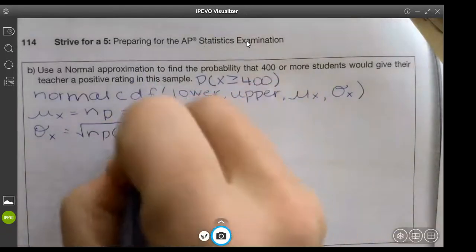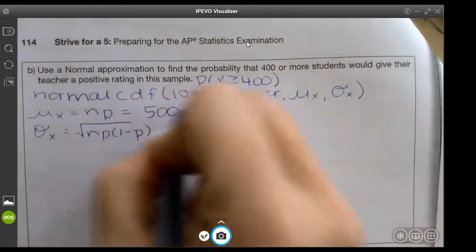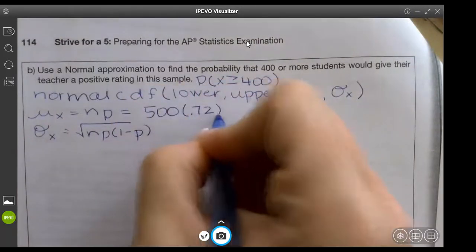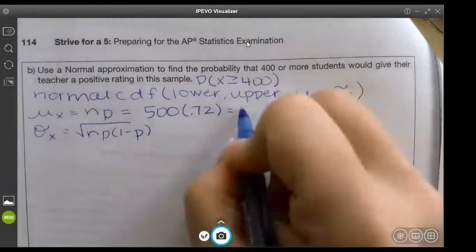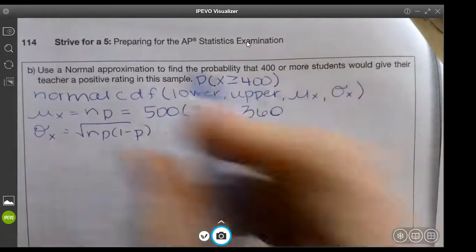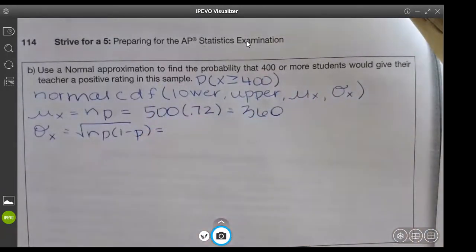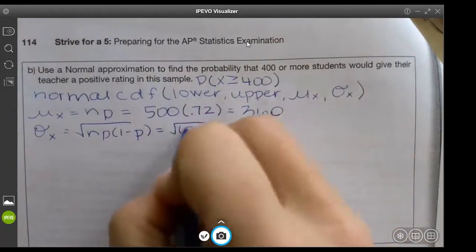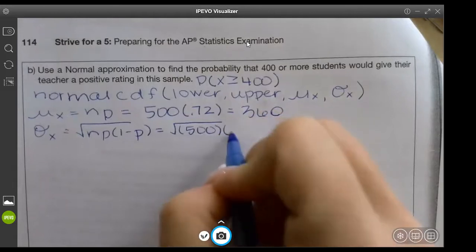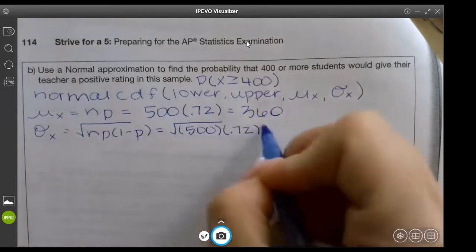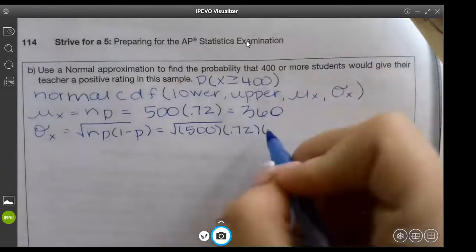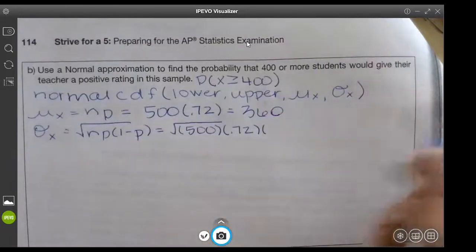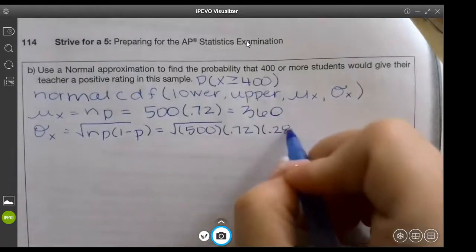All right. So what was your N? 500. What was your P? 0.72. This gives you 360. Again, square root, your N was 500. Your P was 0.72. That makes your 1 minus P what? Good.